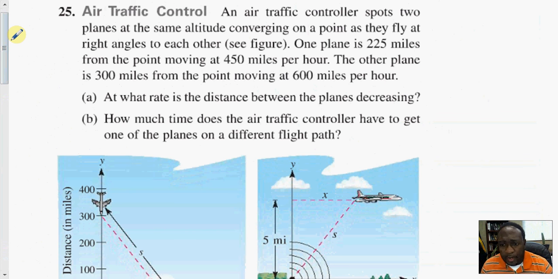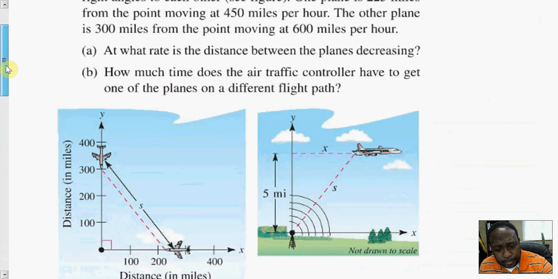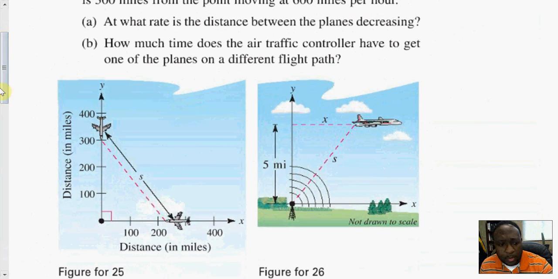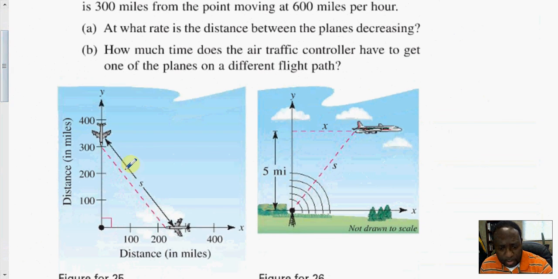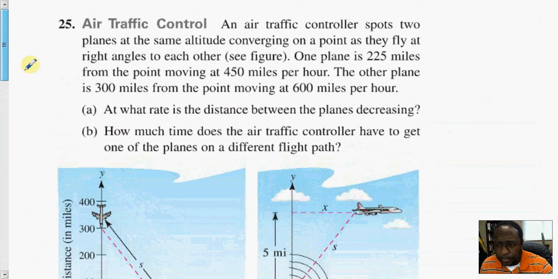Number 25, an air traffic controller spots two planes at the same altitude converging on a point as they fly at right angles to each other. This is for number 25. One plane is 225 miles from the point, moving at 450 miles per hour.